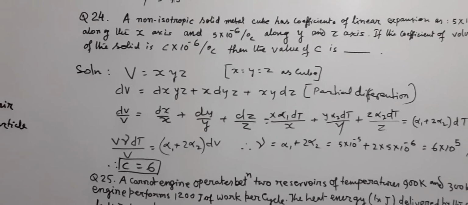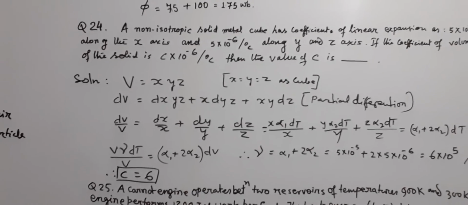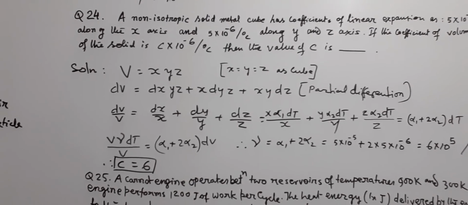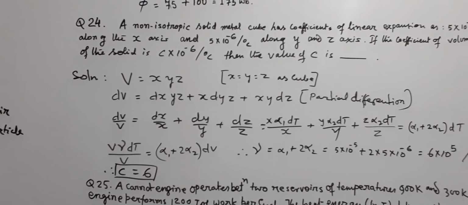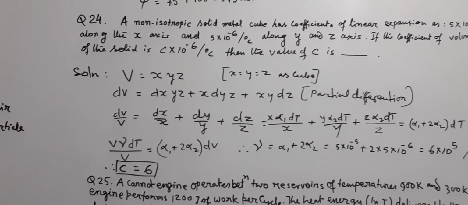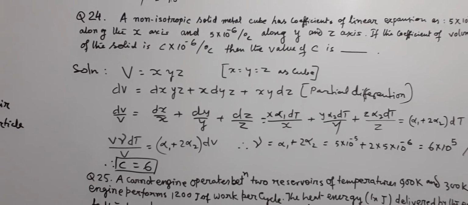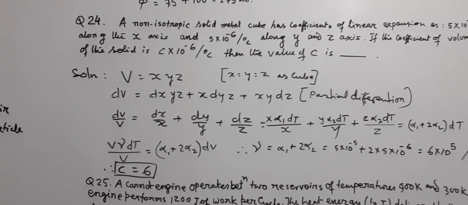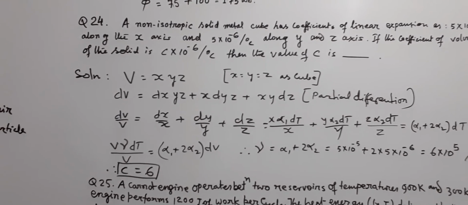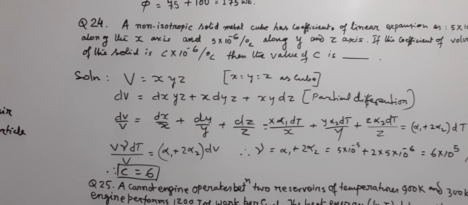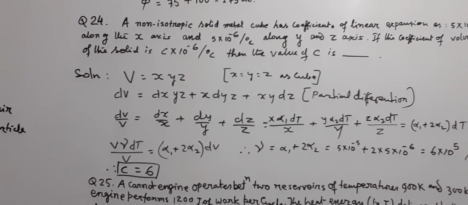Similarly on the right side, dx can be replaced by x alpha 1 dt, for dy we can write y alpha 2 dt, and for dz similarly z alpha 2 dt, because these two expansions are equal, both are alpha 2.